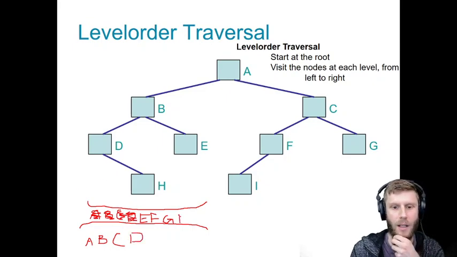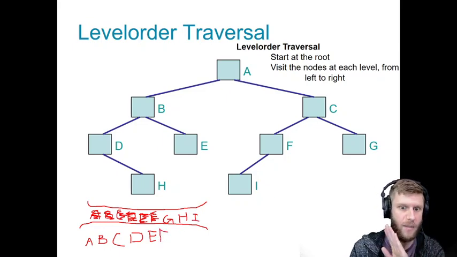Add the right child, H. Great, we're done. Dequeue E. Print it out. Add left, nothing there. Add right, nothing there. Now we go to F. Enqueue left, there's the I. Enqueue right, nothing there. Pardon me, I skipped printing out F.